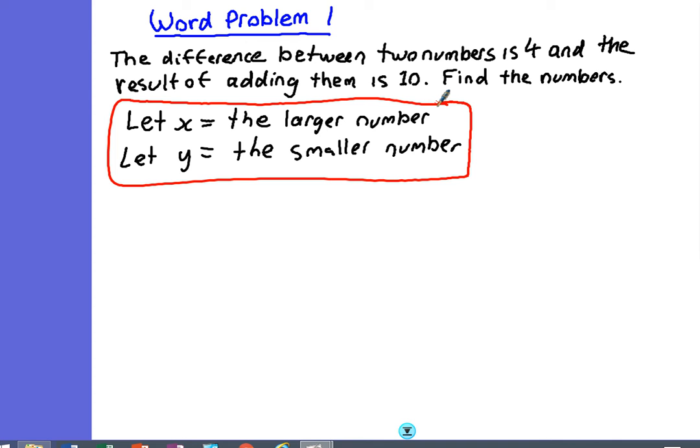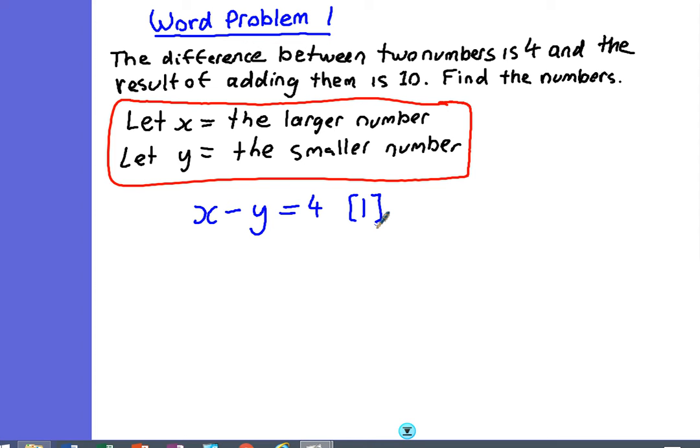Okay, so the next step is to write down our two equations by looking at the information in the problem and seeing if we can actually work out what the equations are. So the difference between the two numbers is 4. That's the first thing we're told. So the larger number is x, so we can write x take away y, the biggest number take away the smaller number, is equal to 4, and we'll label that as equation 1.